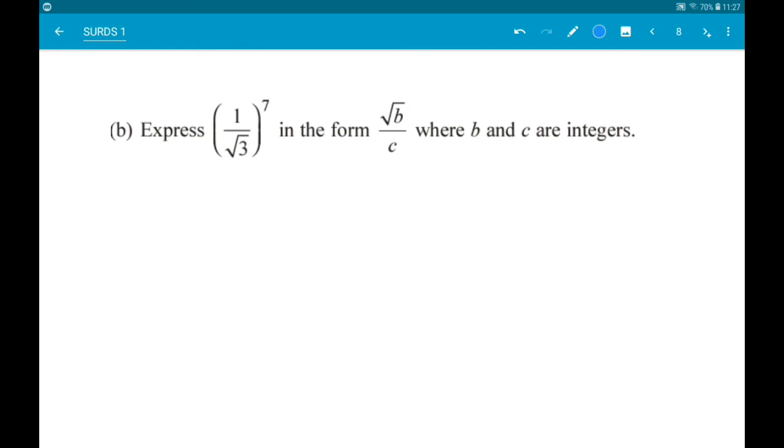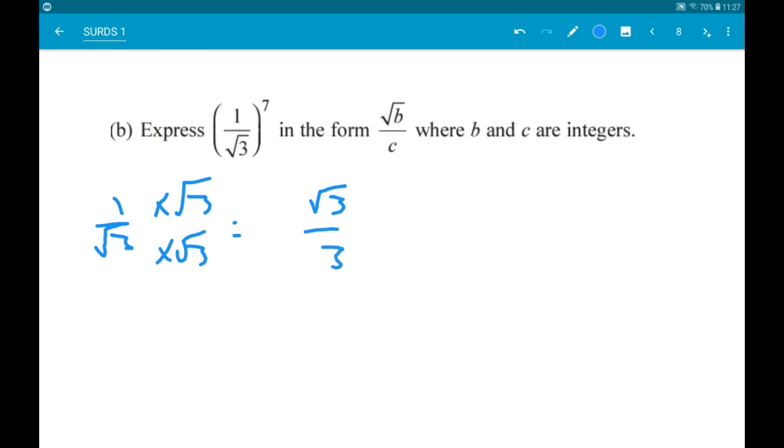So, first up, let's rationalise 1 over root 3. So, times by root 3 top and bottom. And we're going to get root 3 over 3.